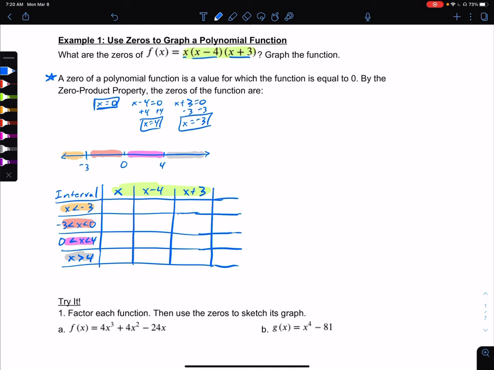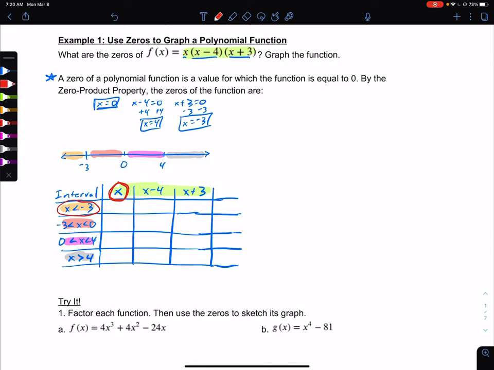We want to know what happens on each part of those intervals. This is where it gets a little complicated when you're doing this by hand. There are clearly more efficient ways, but for this example, this is how we're going to do it. You're going to look at x within this interval.